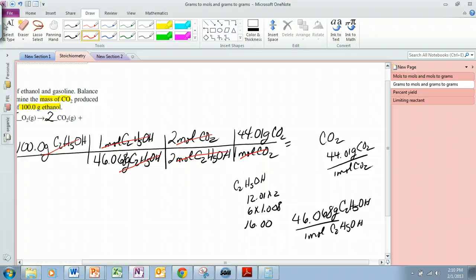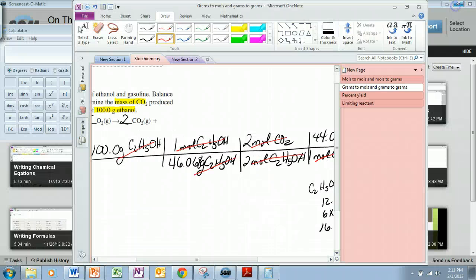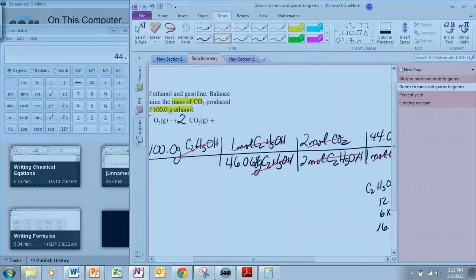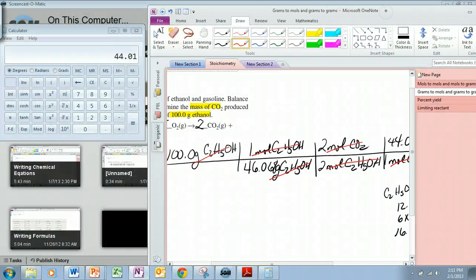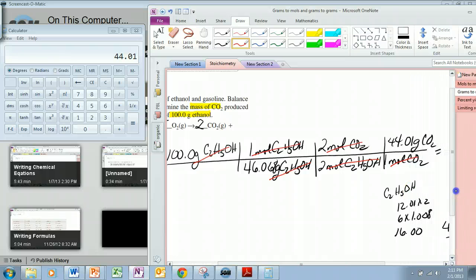So again, I'm ready to use my calculator. I'm going to drag this over a little bit so we can see what it looks like. And I'm calculating. And I need to make this slightly bigger. There we go. I can see everything. That's perfect. And so I'm going to start here with 100. And again, my calculator's stupid, so I'm not going to bother to put in the 0.1 because it's just going to get rid of it.